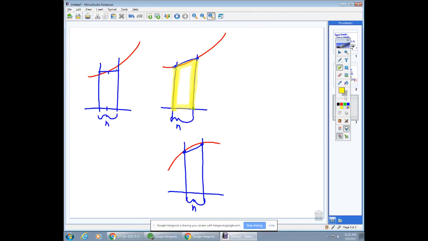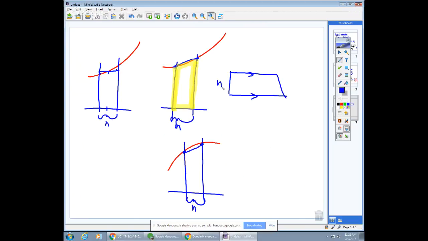Trapezoid is pretty straightforward in terms of calculating. Now here we use h for our delta x, the little width of our interval. That's a nice letter to pick because if we take this trapezoid and just lay it sideways like that, these two lines are parallel to each other.